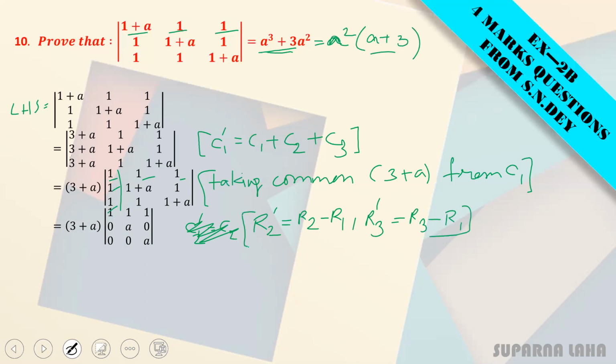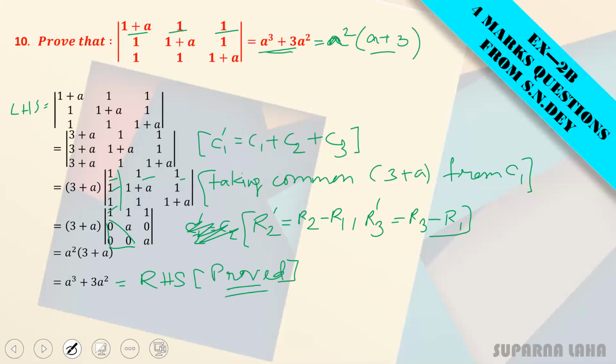So now look at that again, triangular. So you will find this determinant of this triangular matrix. So the value is given by a square into 3 plus a. And if we multiply this one, so you will find this RHS value, that is a cube plus 3a square. So we proved it.